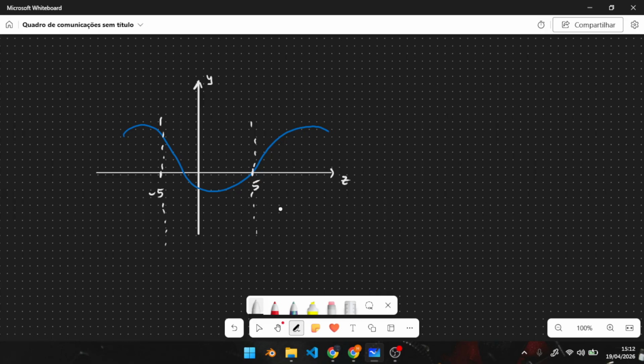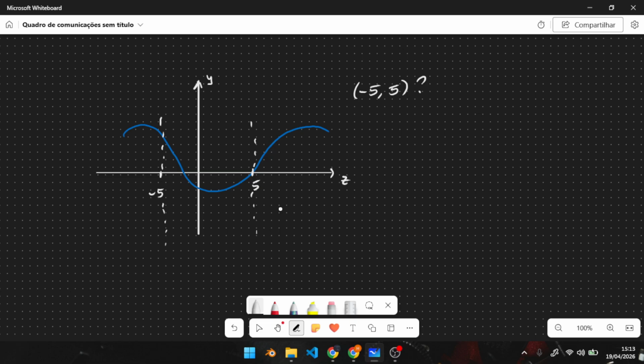And then it asks, is the function continuous in this interval, minus 5 to 5? Now you look at this and say, of course, like Khan Academy likes to say, I can draw the function without taking my pen off the paper. And that would be correct. Of course, the function is continuous in that interval.